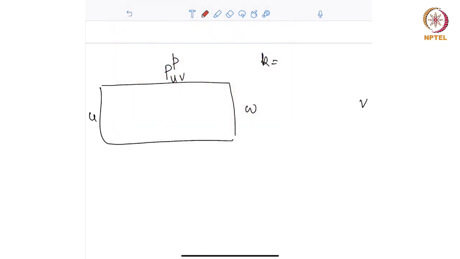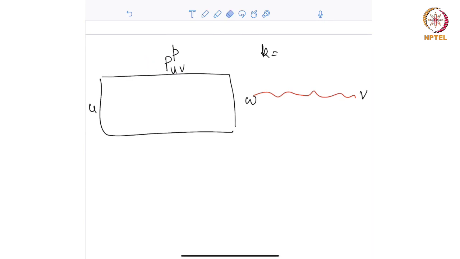All you see is this, and there is some family F which you don't see.